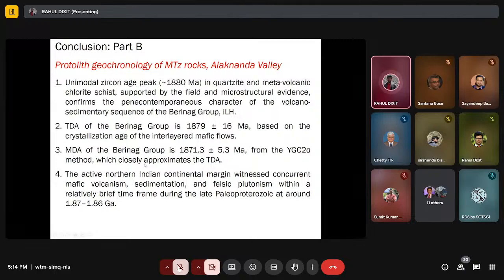The active northern Indian continental margin witnessed concurrent mafic volcanism, sedimentation, and felsic plutonism within a relatively brief time frame during the late Paleoproterozoic, at around 1.87 to 1.86 Ga. That is all from my side.